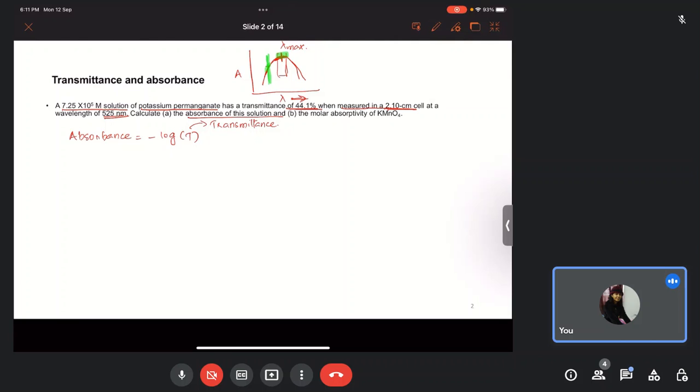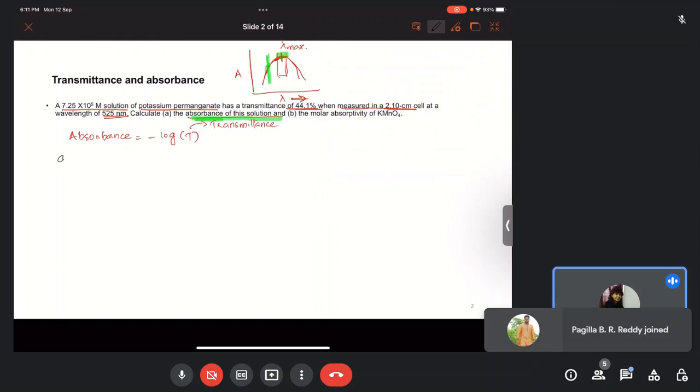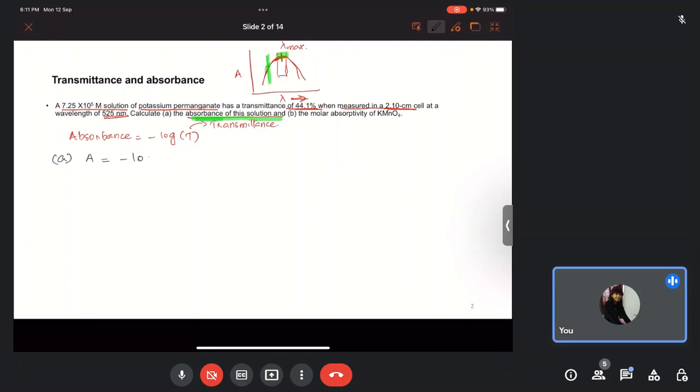So the first question is to find the absorbance of the solution given the transmittance. A is equal to minus log of T, where T here is 44.1%, which is equal to 0.441.